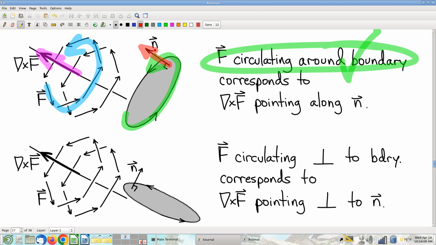Just geometrically, the boundary and the circulation of the fluid lines up coincidentally with those two vectors lining up. Does that make sense? Everybody see kind of how those are unavoidably connected to each other?